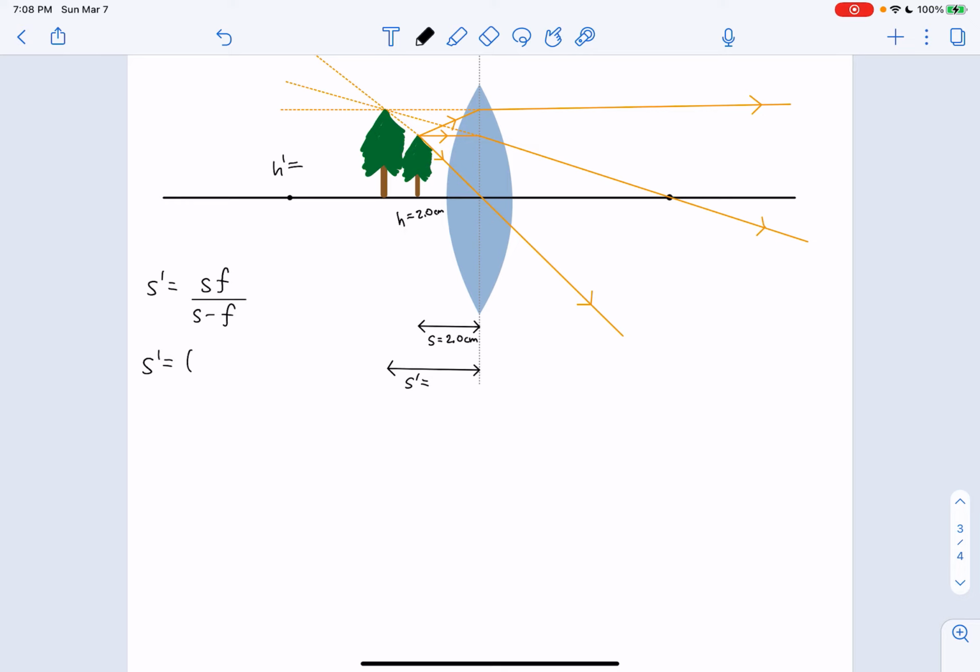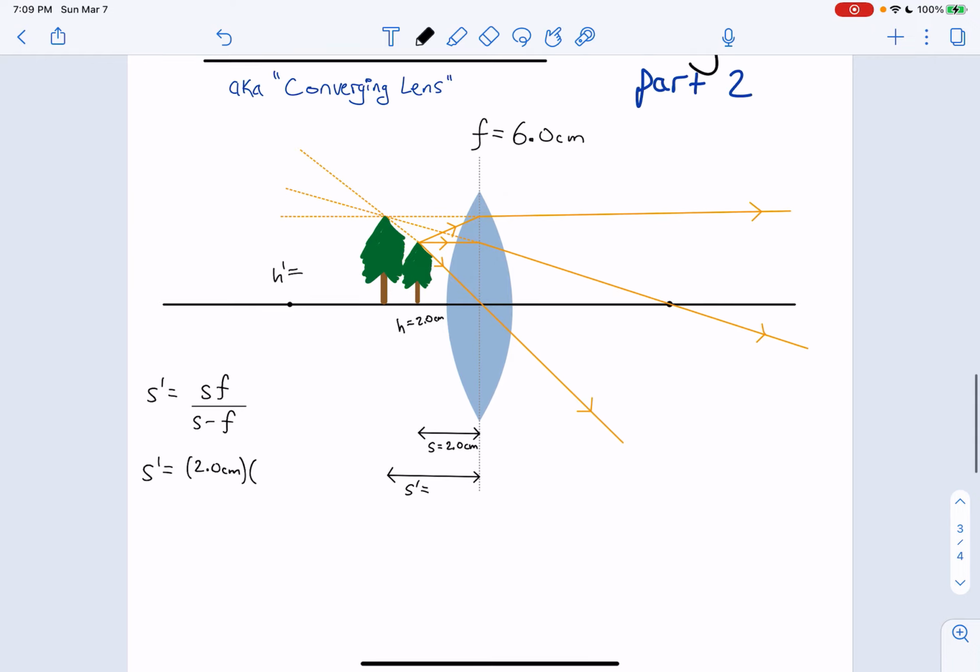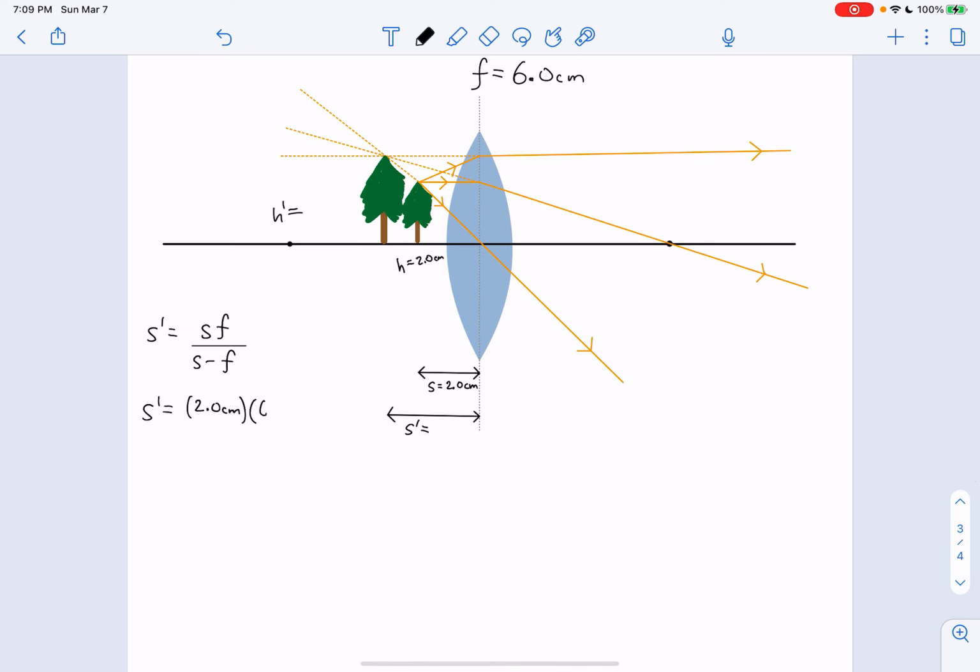We have an S, which is our distance to the original object, of 2 centimeters, an F of 6 centimeters, and so we get an S prime that's equal to 2 times 6, which is 12, divided by 2 minus 6, which is negative 4.